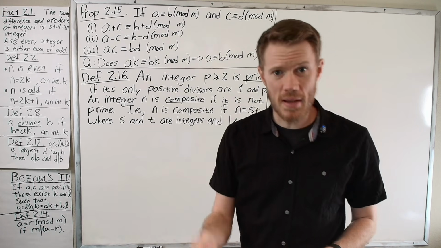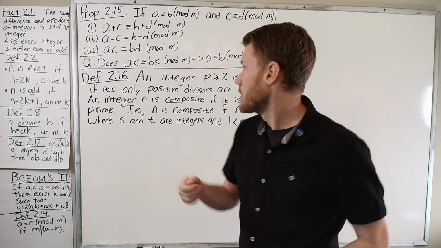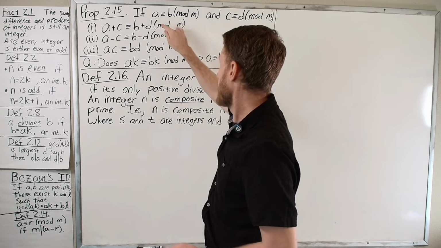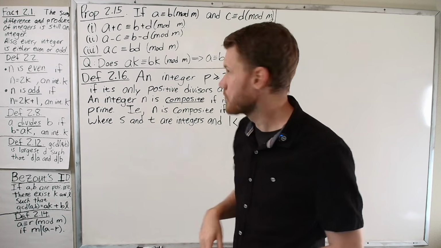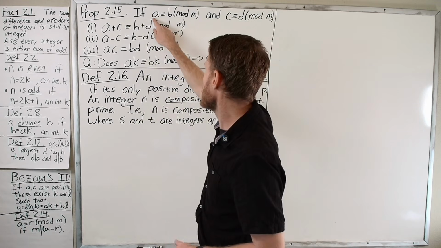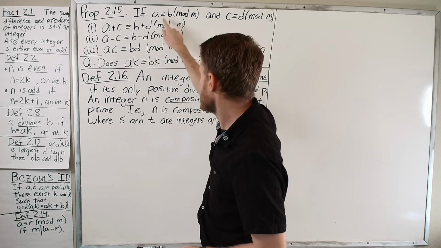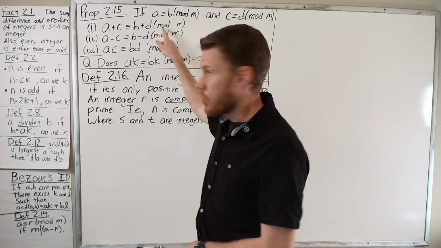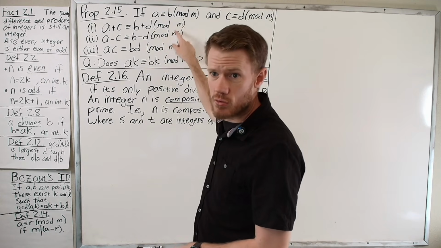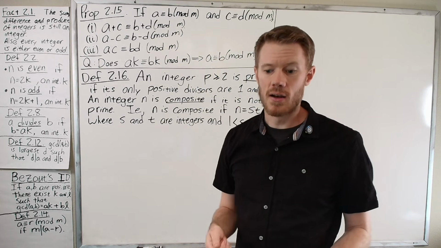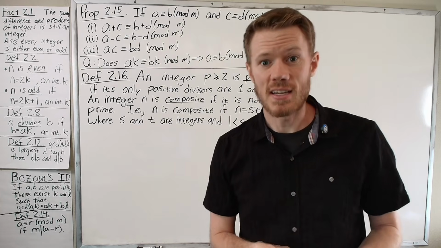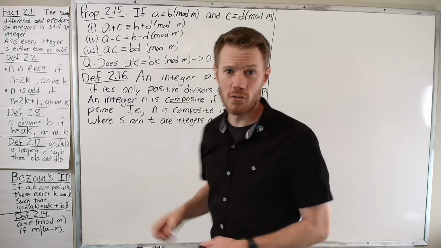There was thinking about remainders first, and then thinking about A is congruent to B if A divided by M and B divided by M leave the same remainder. Or the boxes, if you could start at A and add M a certain number of times to get to B, or alternatively subtract M a certain number of times to get to B, those are the exact indicators that A is congruent to B.